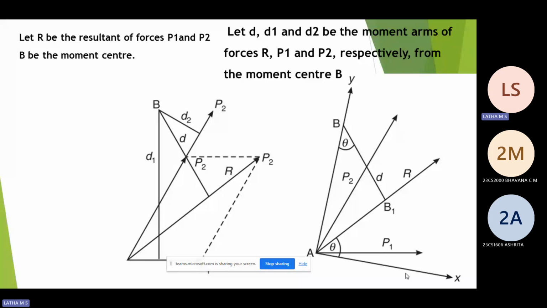So F1 into X1. Let me say this is F1, here is F2, and here is F3. Let me say X1 is the perpendicular distance. By geometry somehow we calculate this to be X3.